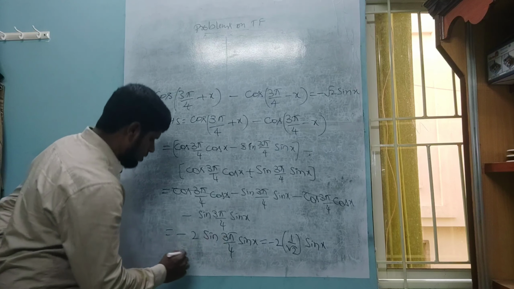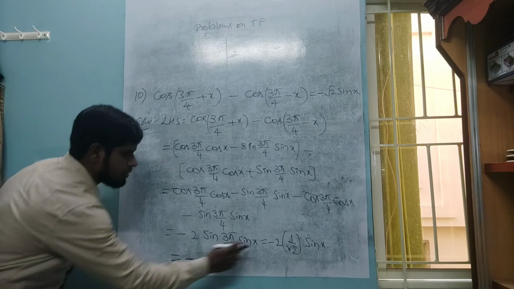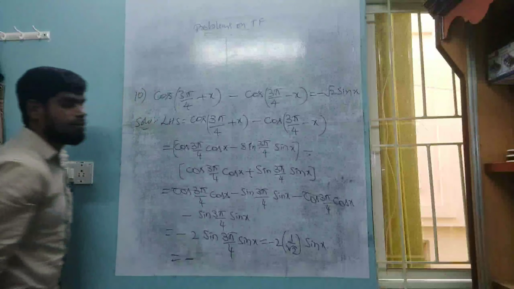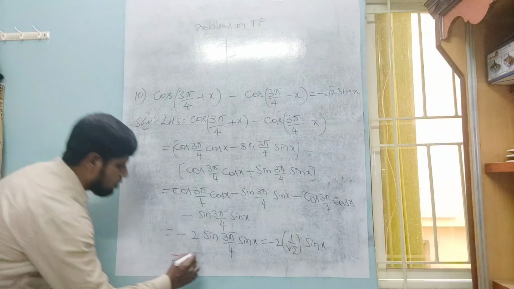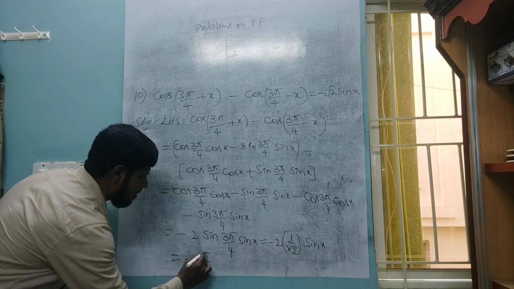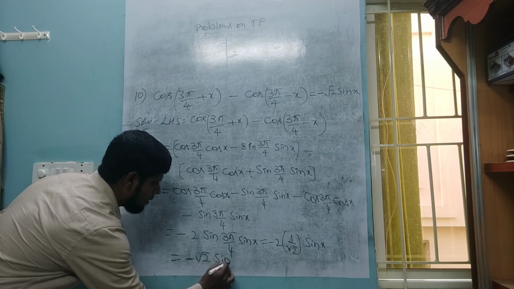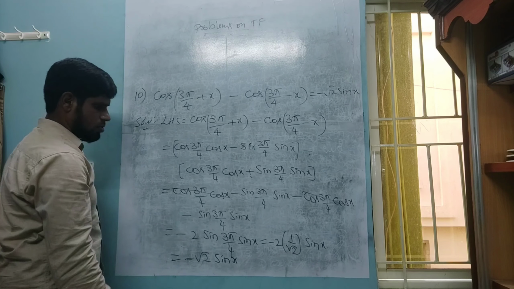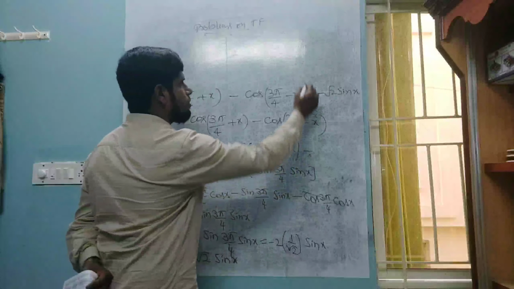Now student, minus sign as it is, no changes for this. 2 divided by root 2 is root 2 into sin x. How this 2 by root 2 is root 2, I will do the rough work here.